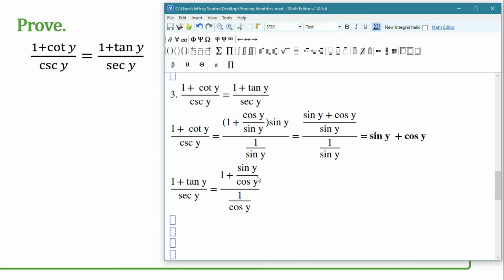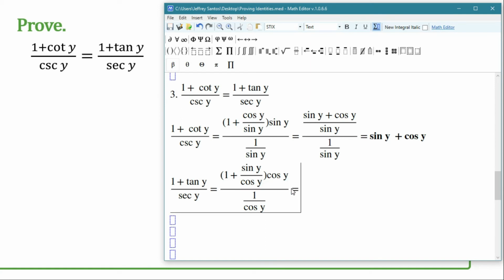Alright? And then, just like what we did a while ago, we multiplied the numerator since it deals with a whole number and a fraction. To make it a single fraction, we multiply it with the LCD, which is the cosine of y.